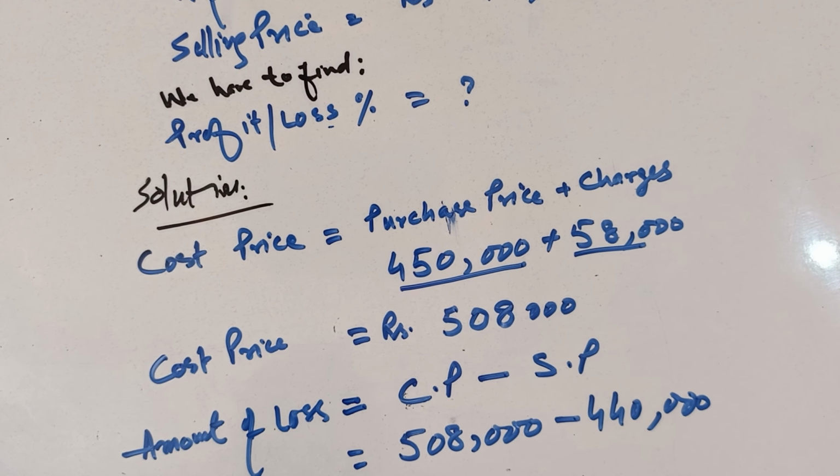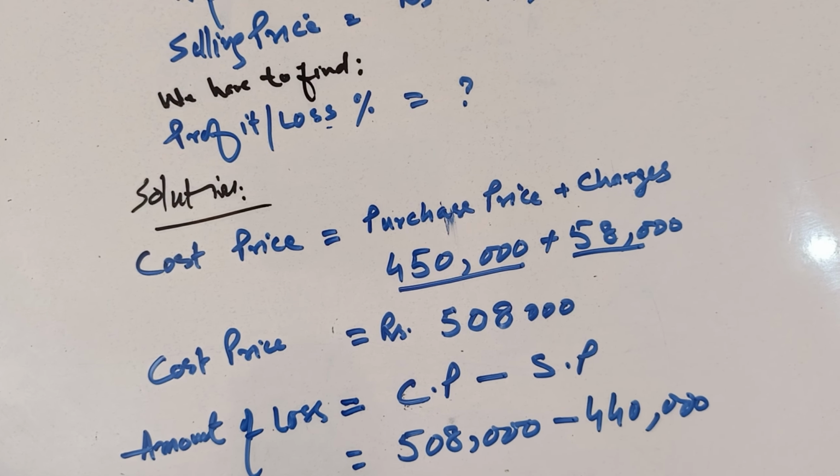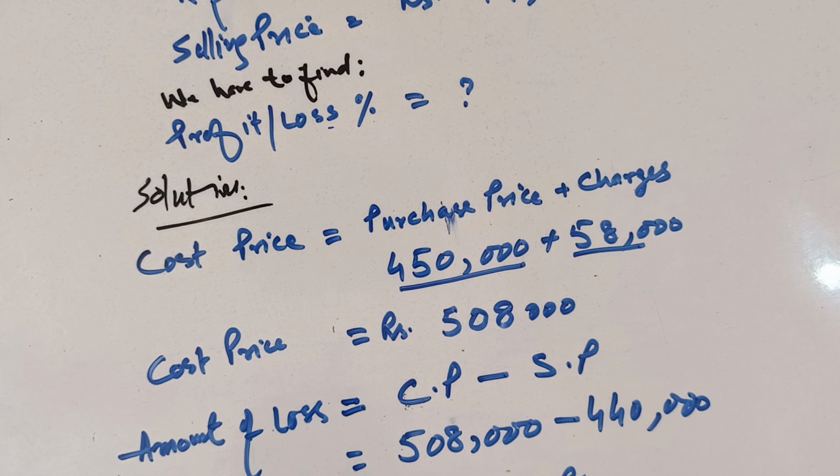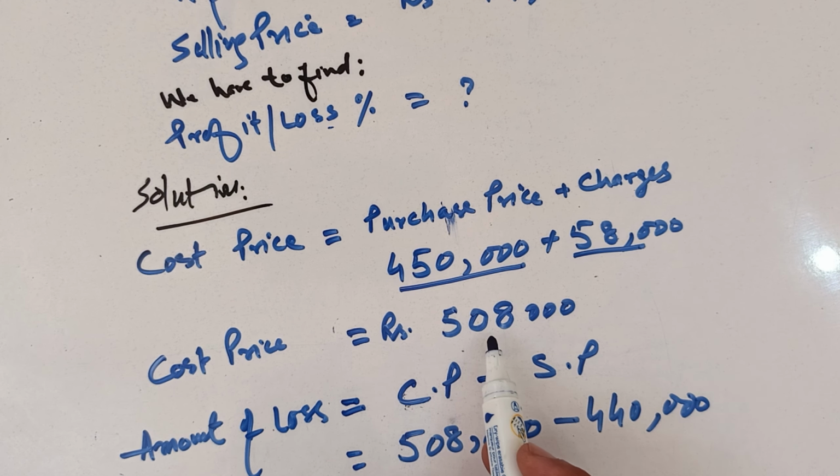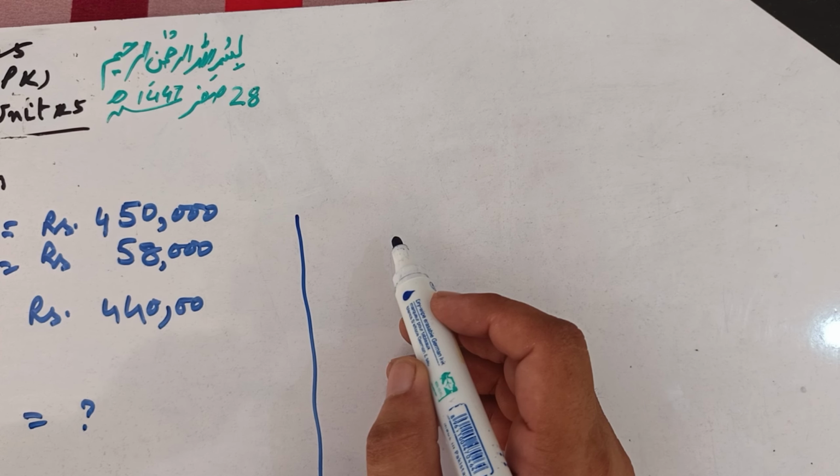So yes, amount of loss, it is 68,000 rupees. 68,000 rupees is the loss out of this cost price. So now we can easily find the loss percentage.